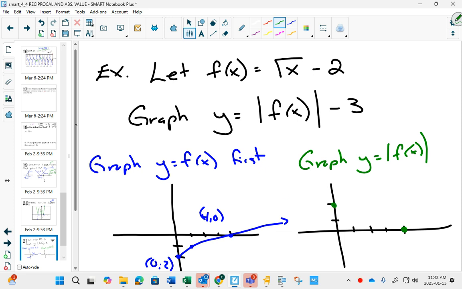So I would have now (0, 2), (1, 1). I still have (4, 0). The part that was positive, this part right here, would stay positive. But this part would have got reflected up. So my negative part would have got reflected up, and my positive part would have stayed the same.